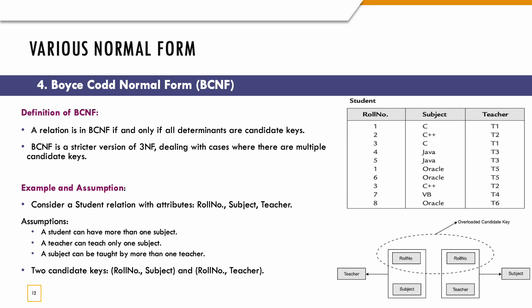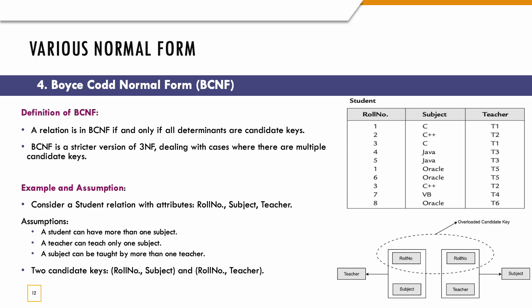So for a relation or table to be in BCNF, first it must be in third normal form. Okay, and then every determinant in the table must be a candidate key.